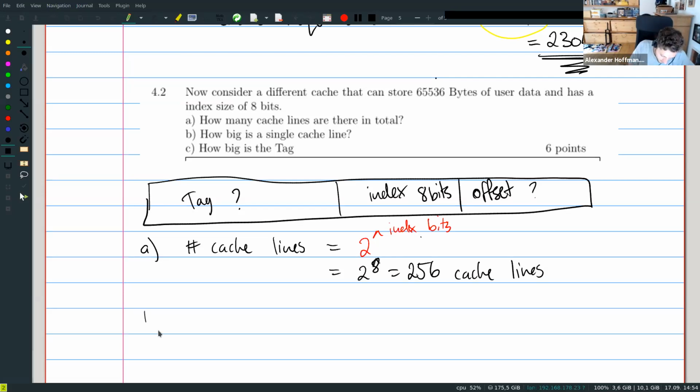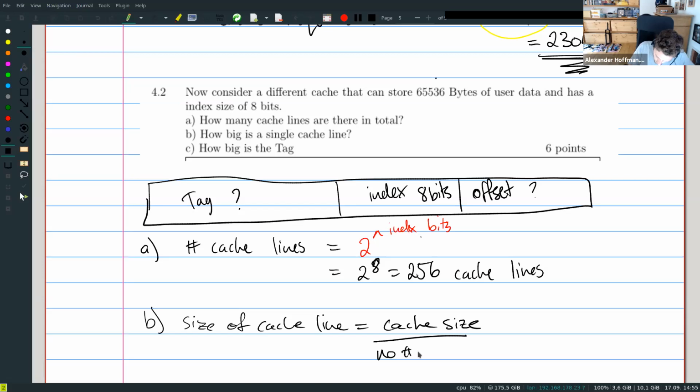So now for B, like Chan said, how big is a cache line? The size of a cache line is obviously just the cache size divided by the number of lines.